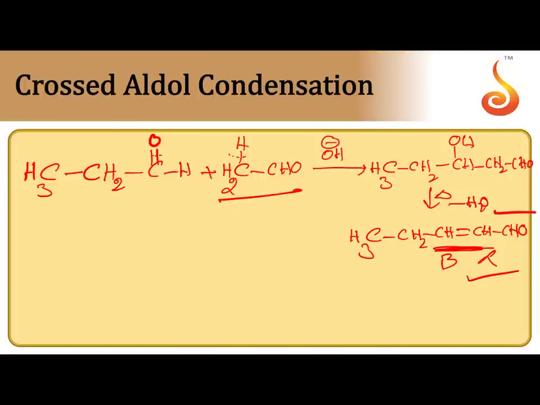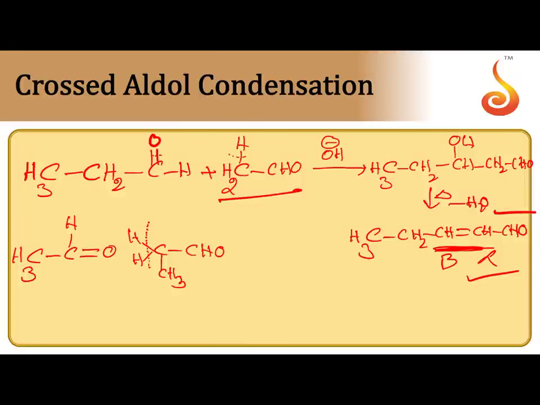Once acetaldehyde may act as substrate and propanaldehyde may act as reagent. At this time, you take acetaldehyde on left side. Final product only you can write. How to write the final product I will explain. You take two alpha hydrogens of one molecule and oxygen of other molecule.